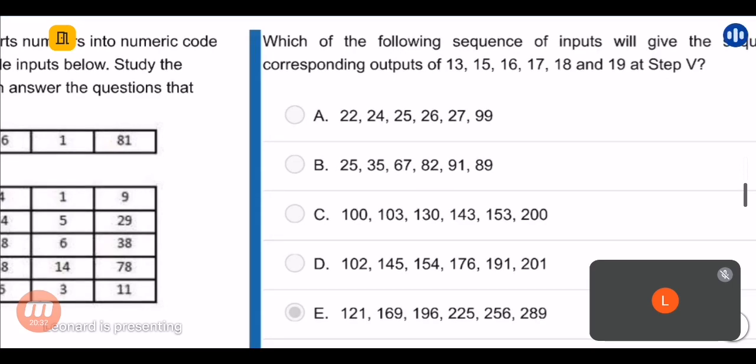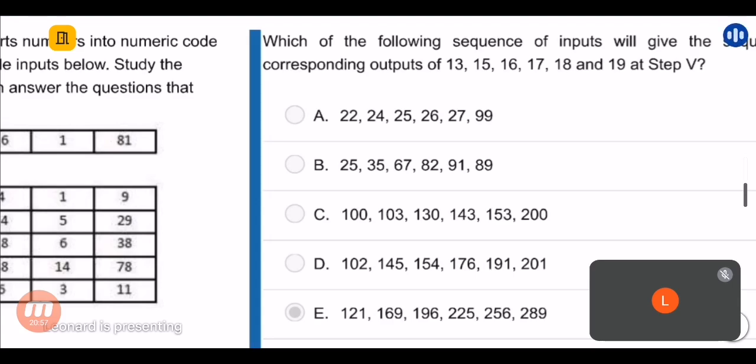Which of the following sequence of inputs gives the sequence of corresponding outputs? So the corresponding outputs are 13, 15, 16, 17. So the most important thing is what can give that? What will you have as that, add 2 to it?